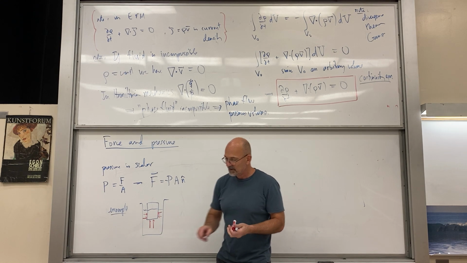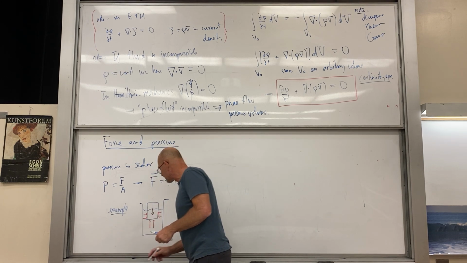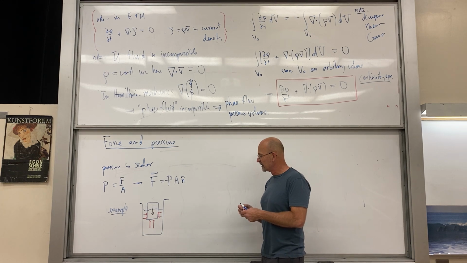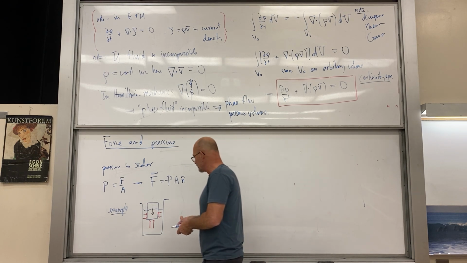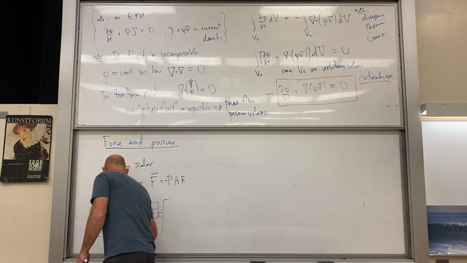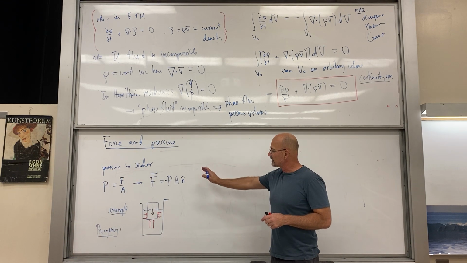And that opposes, and if it's just floating at rest, then equals the weight moving down. So here you're talking about buoyancy forces, and Archimedes' principle, which we'll get to formally in a moment, but that's just to jog your memory.